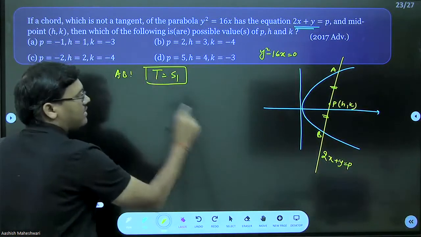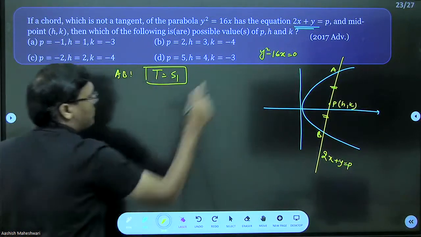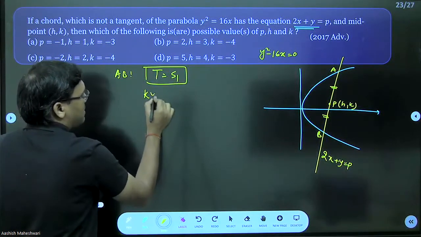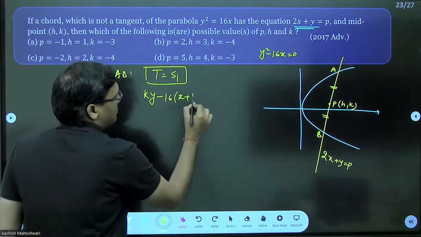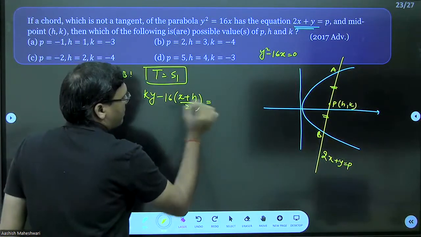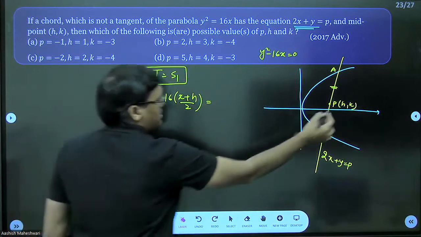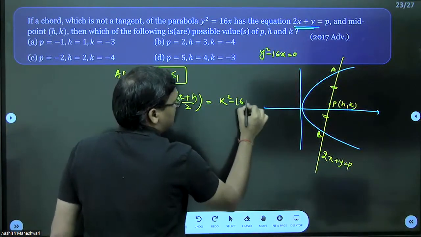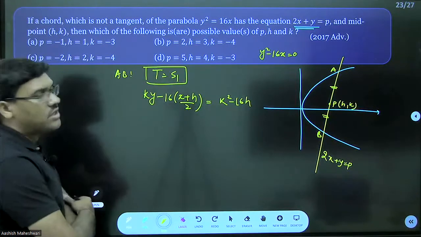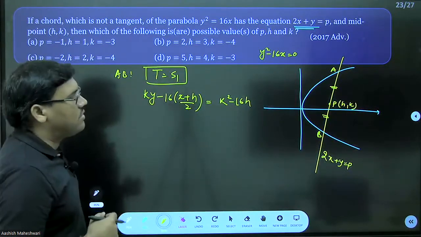How to write T? Replace y square with y y1, so this is ky, minus 16 times x plus x1 by 2. And what is S1? S1, just substitute this point in the equation of the curve. This is k square minus 16h. Correct? This is the equation of this AB.